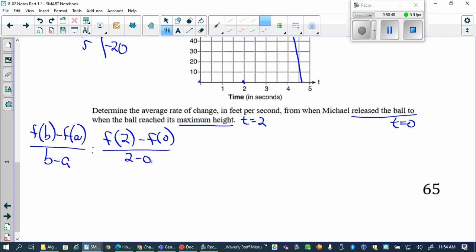Finding F of 2 and F of 0 should be easy. You got your table there, right? Well, it's going to be H, isn't it? I should be consistent. They're not using F, they're using H for height. So H of... All right, you guys all do it.